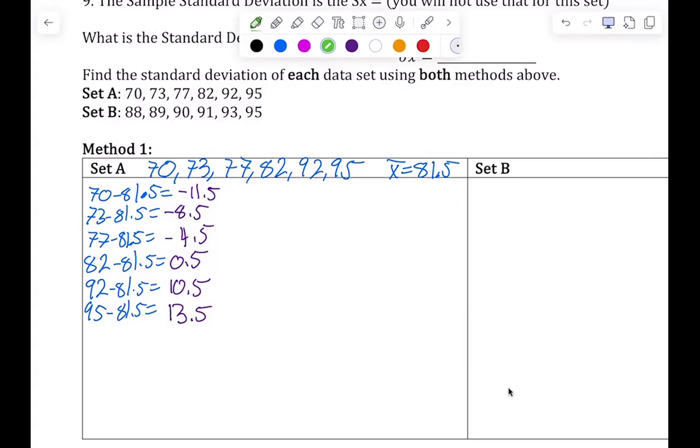After we found the difference between each number in the set and the mean, what do we do? We're going to square each of these numbers. Make sure you use parentheses so you don't drop your negatives.